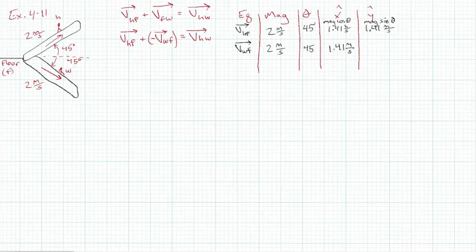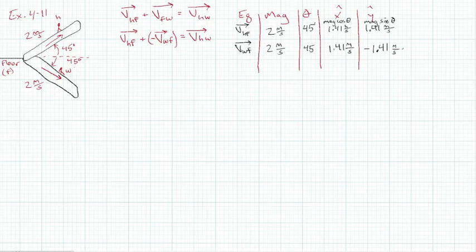But the y component, we're going to see that it's going to be negative because she's moving downwards with respect to the floor. So if the floor is stationary and the wife is moving, she is moving downwards. So she's going to have a velocity of negative 1.41 meters per second.